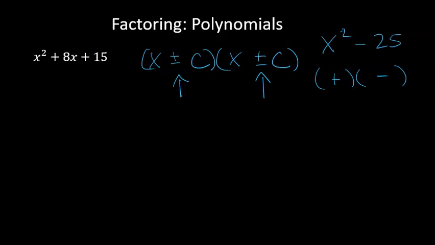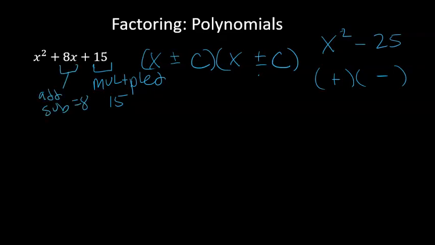I did a lot of stuff up over here. Let me erase some of this. All right, sweet. So basically the game is I've got to figure out what two magical numbers are going to be multiplied here to give me 15, but adding or subtracting here gives me 8, right? Whatever numbers I multiply has to give me 15.